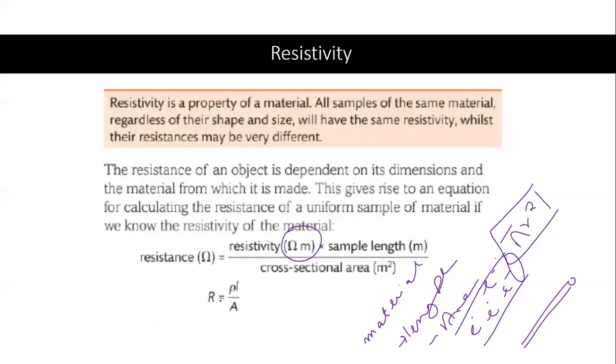And a better definition would be to say resistivity is the electrical resistance of a conductor of unit cross-sectional area and unit length. How much resistance is any material going to have per unit cross-sectional area and per unit length? That resistance is basically resistivity.